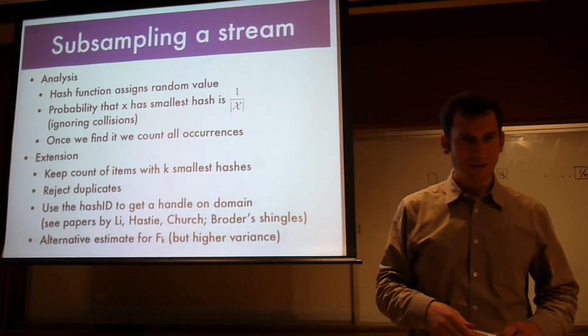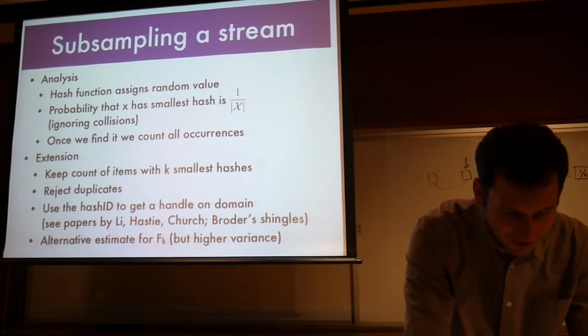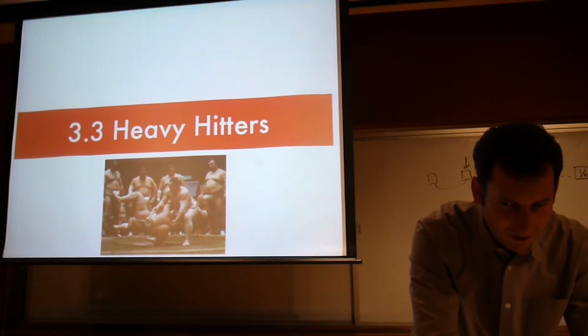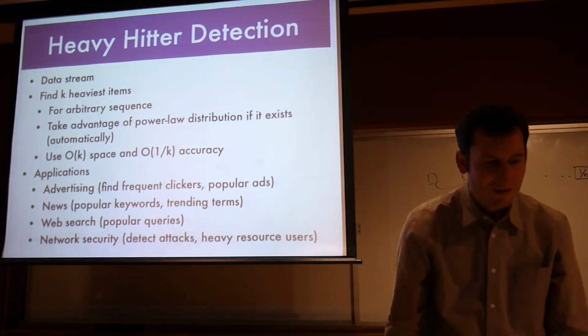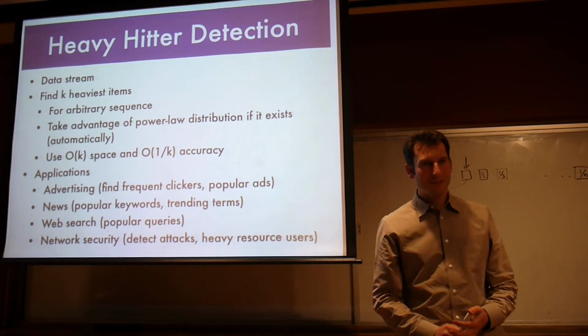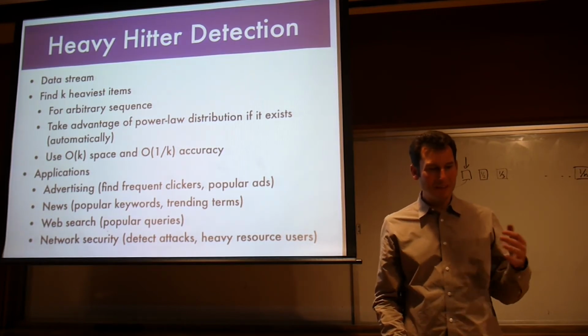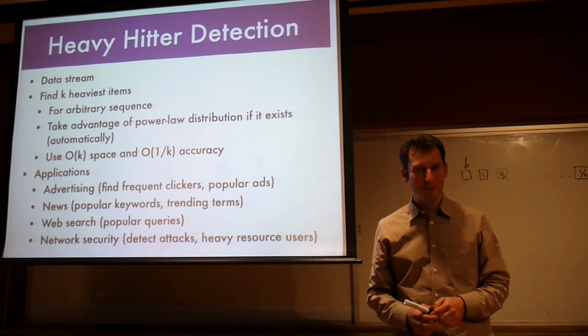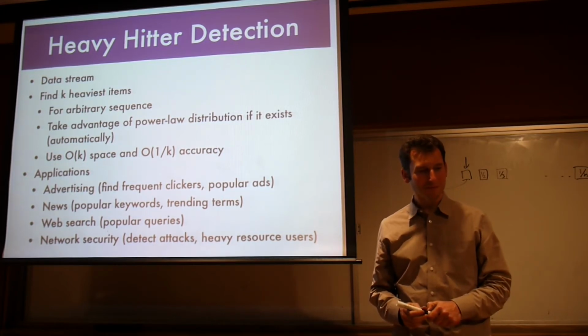Okay, now we're going to move on to a different algorithm family, which is a lot more discrete rather than averaging based. It's an amazingly simple algorithm, but it's actually very effective. And you can even prove that it's optimal.